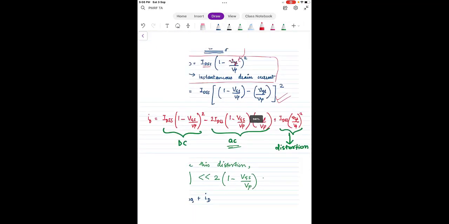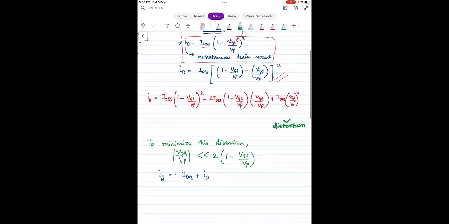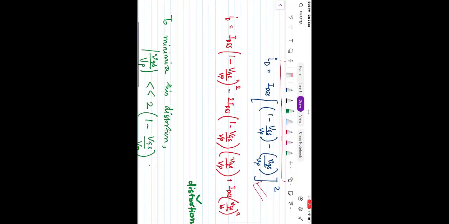On expanding this equation, we will come at this point, and from here you can see that ID is now given by this term, which is because of the DC voltage, this term which is because of the AC voltage, and there is this third term which is the square of the AC, which is basically nothing but distortion due to non-linearity.